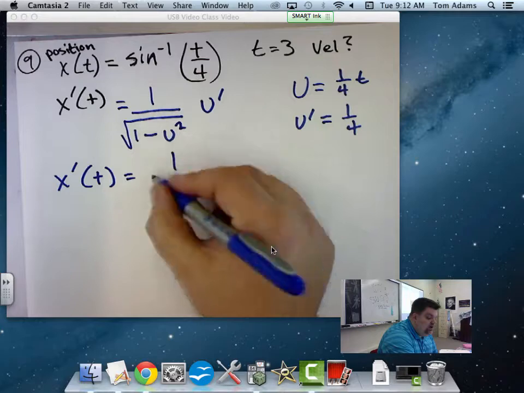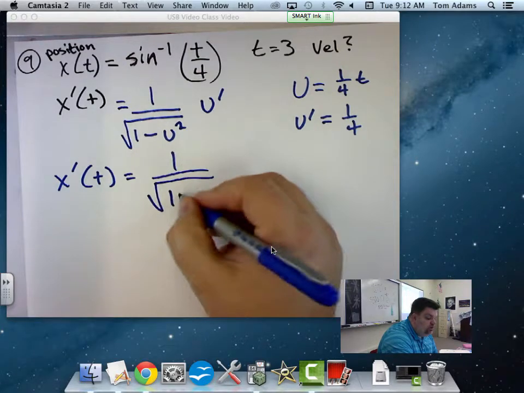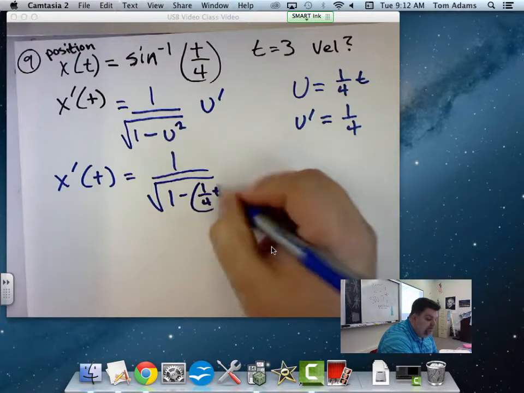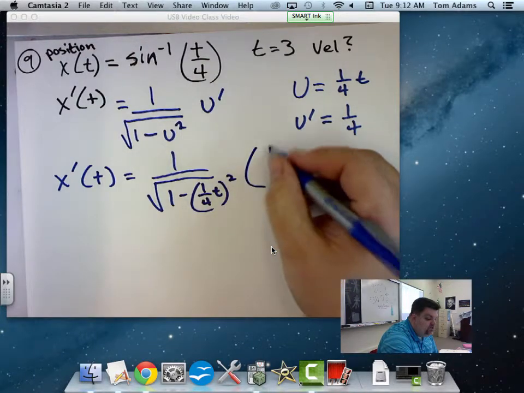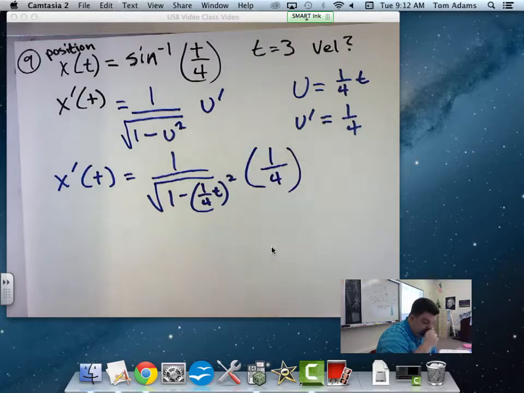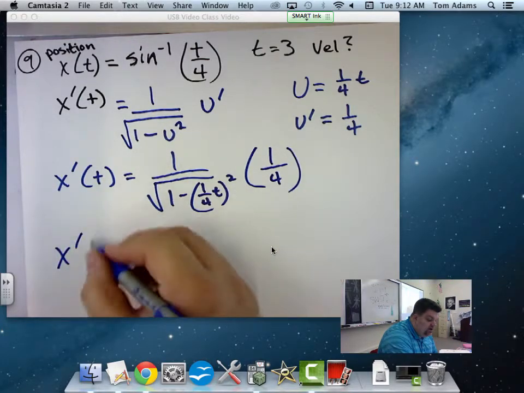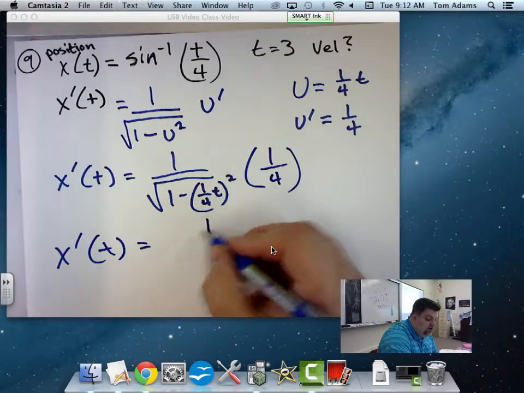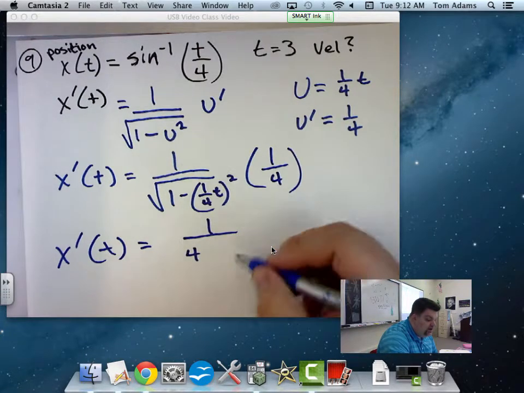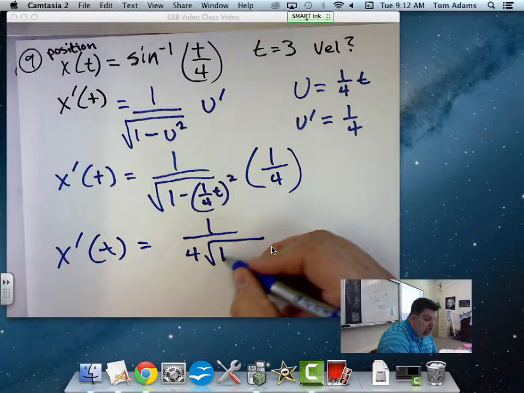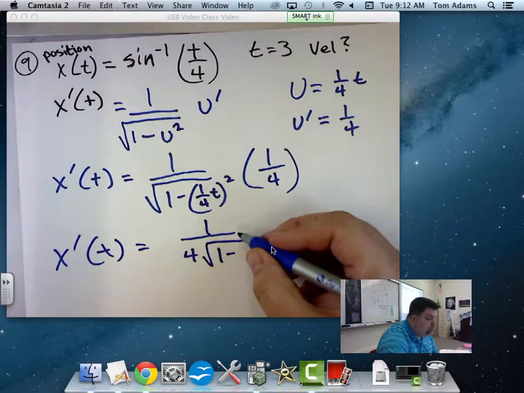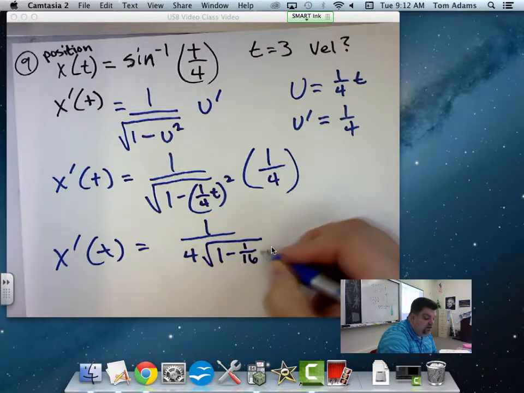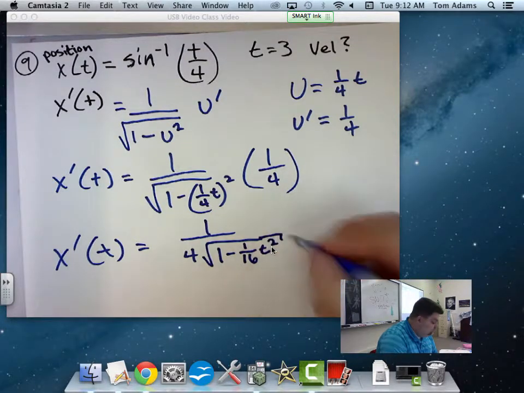And so I get 1 over the square root of 1 minus u, which is 1/4 t squared, times the quantity 1 over 4. So then x prime of t is equal to 1 over, and the 4 goes to the front, 1 minus, and 1/4 squared is 1/16, t squared.